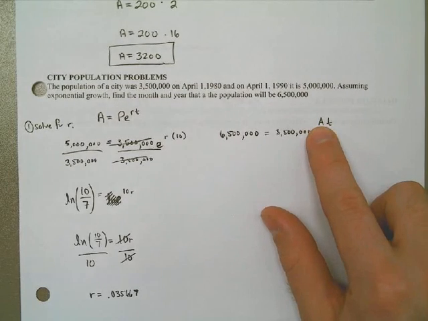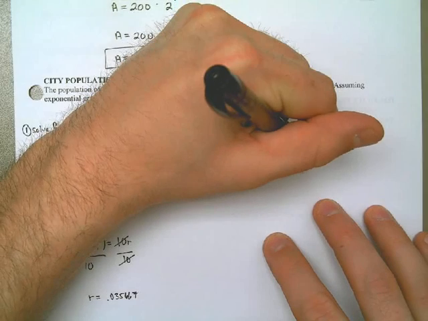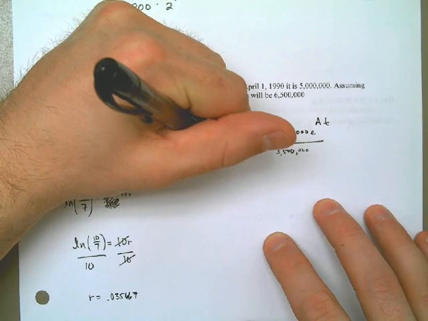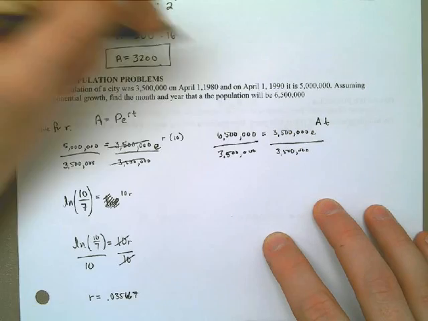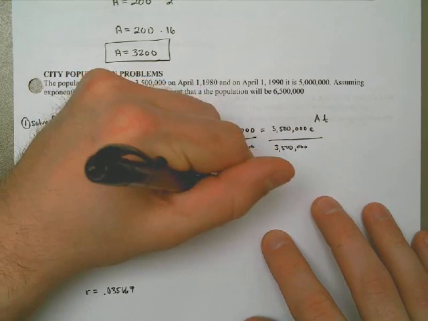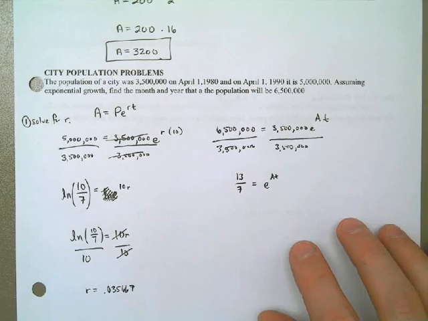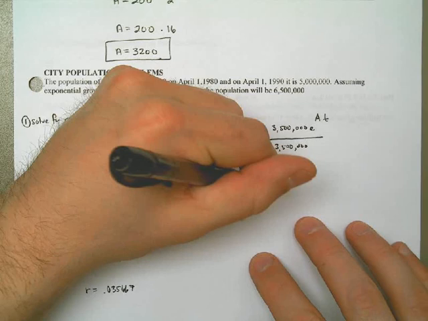And it turns out that 6.5 million over 3.5 million ends up being 13 sevenths. That's equal to e to the At. Now that I've gotten the e by itself, I need to natural log both sides. So the natural log of 13 sevenths is going to leave me that At value, because natural log and e go away.